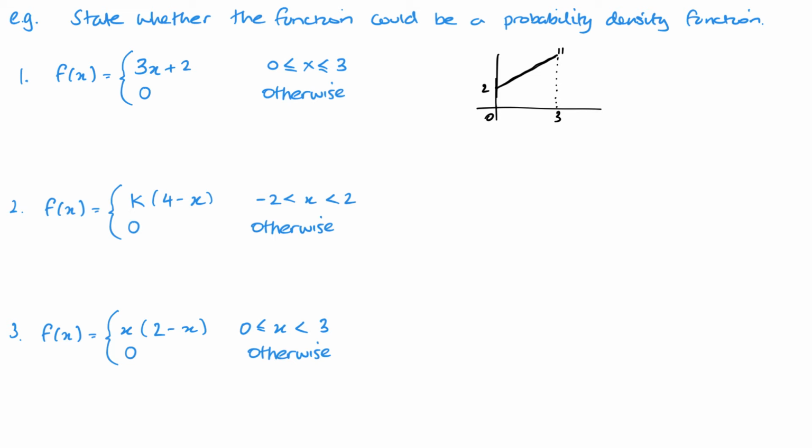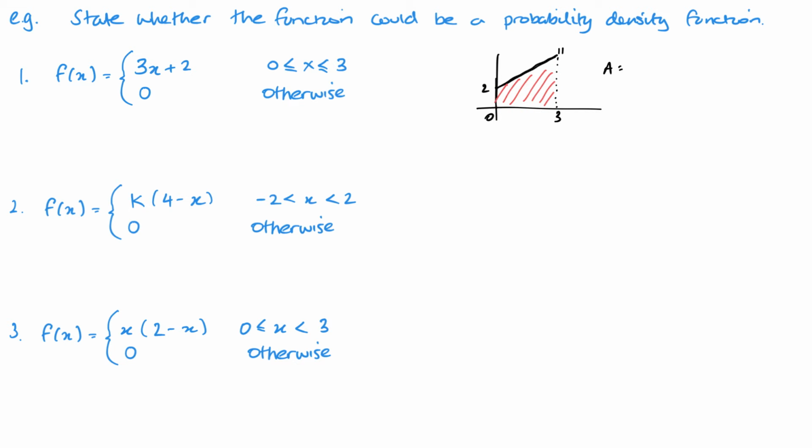And obviously this line would go on in both directions, but it's just between 0 and 3. If I want to find, say, the area underneath this graph, well, what I've got is a trapezium, haven't I? So finding the area under this graph is going to be, here's my a and my b, and that's the distance between them, isn't it?